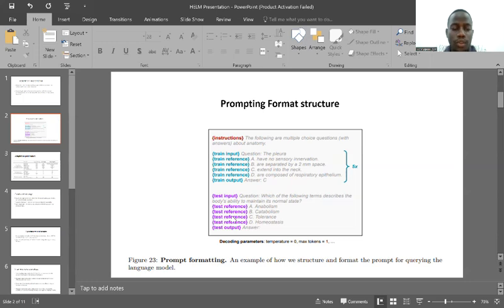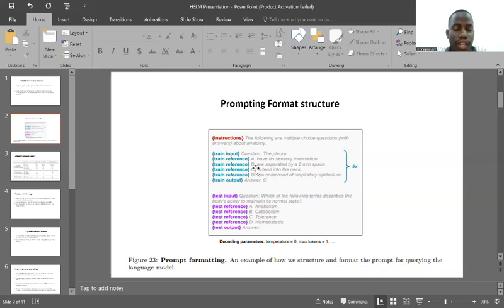In few shot prompting, we give the train references, which are the examples in relation to our input question, and the model will refer to these examples. In these examples, we also have the solution, which is the answer, which is answer C.